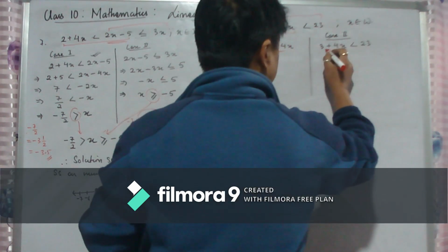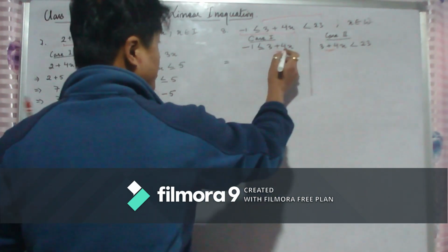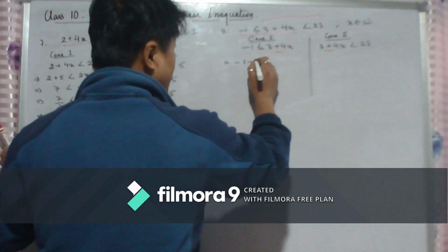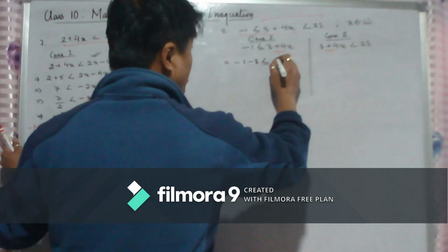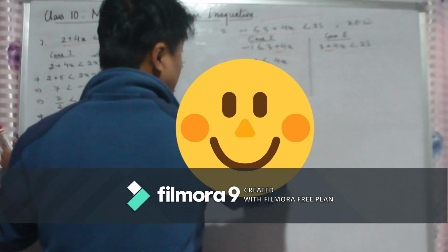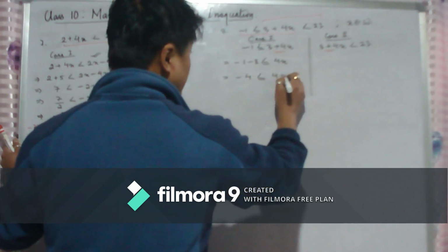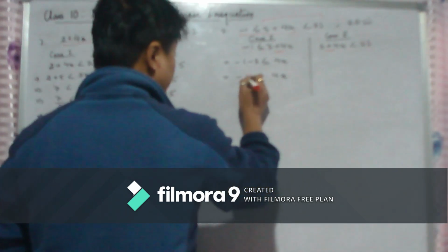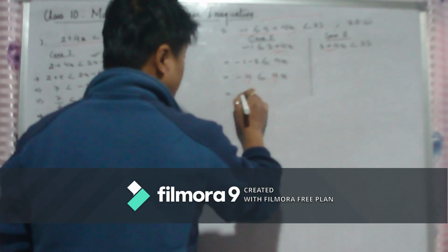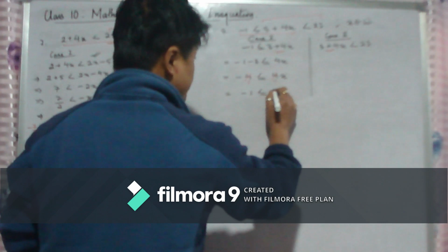So we keep the x this side, we will write minus 1, 3 will come this side, minus 3 less than or equal to 4x, this will become minus 4 less than or equal to 4x, and 4 1 are 4, this can be written as minus 1 less than or equal to x.